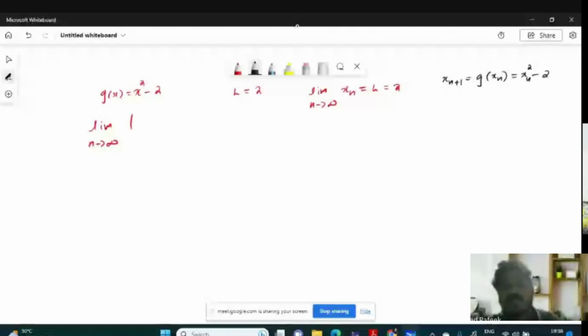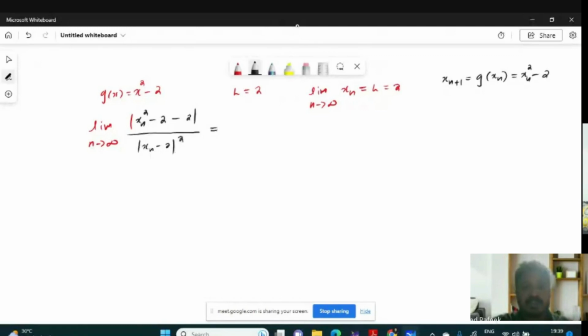The first option is x n square minus 2. So replace it: instead of x n plus 1, you can write x n square minus 2 minus L, L means minus 2, divided by modulus of x n minus 2, the whole square, because we are checking the quadratic convergence.